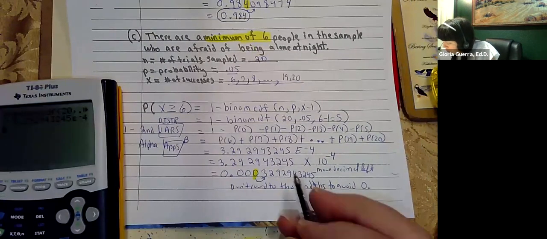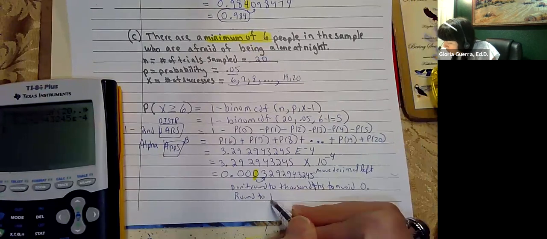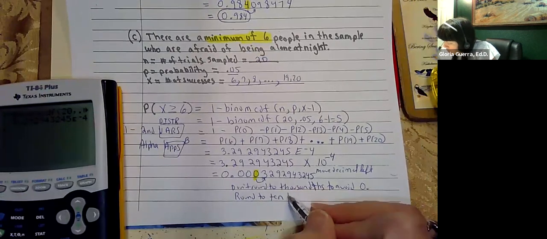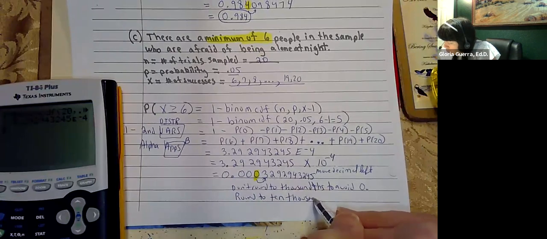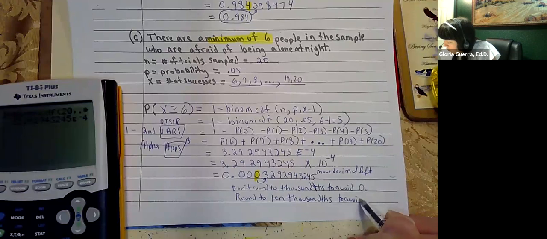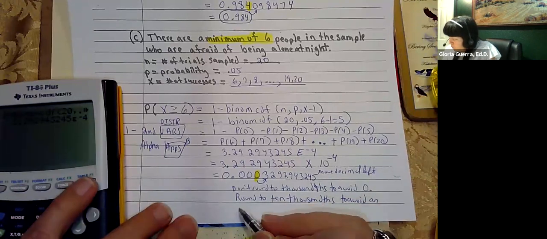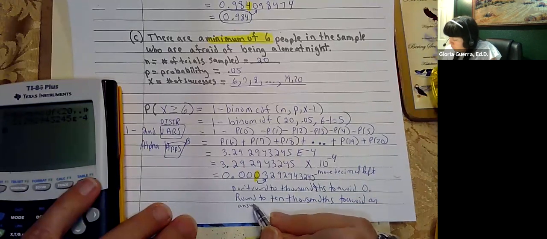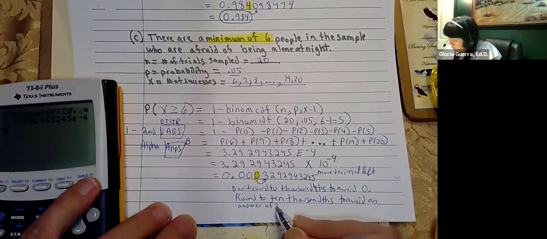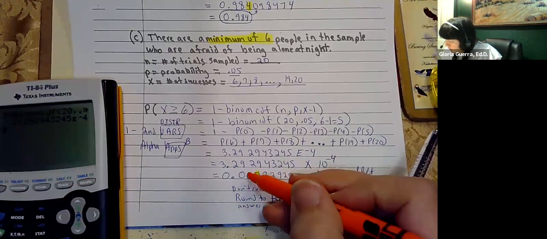So we're actually going to have to round to the tens, hundred thousands, 10,000s instead to avoid an answer of 0. So if I round to nearest 10,000s, tens, hundred thousands, 10,000s.